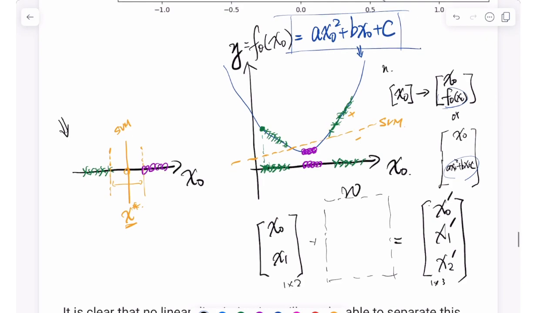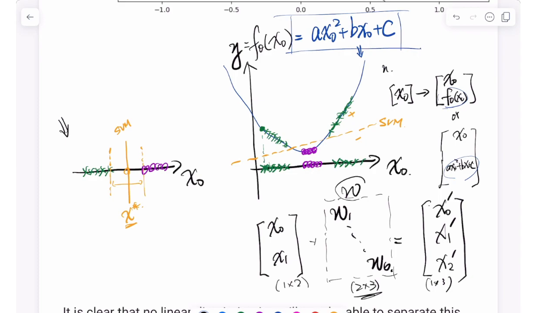So basically, you use a new matrix, whose size is 2 times 3, and you can map the original data x0 and x1 to 3 new values, which are x0 prime, x1 prime, and x2 prime. From the perspective of vectors, you only need 6 values, and then you can transform your data from x0, x1 to x0, x1, x2 prime.